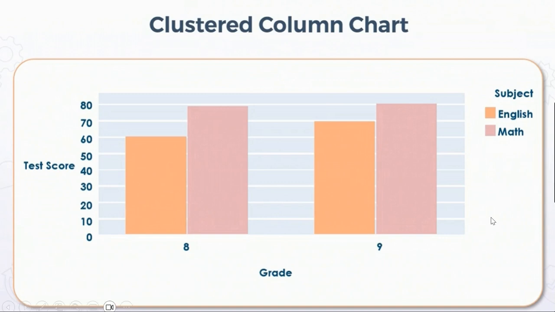Similarly, in class 9, maths has a test score of 80 and English has 70. So we have clustered information. We have more than two variables and we are showing it very beautifully.